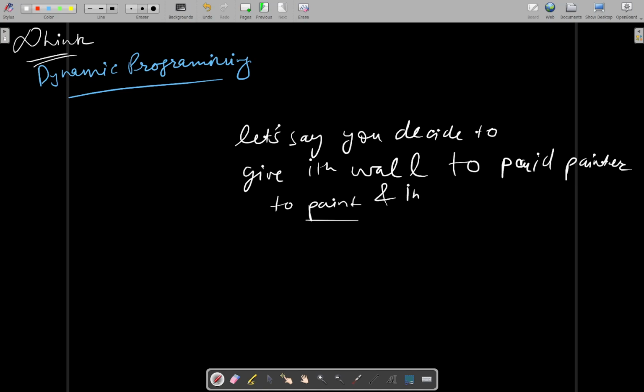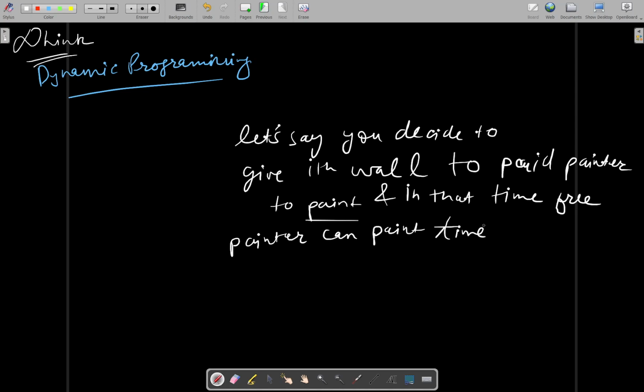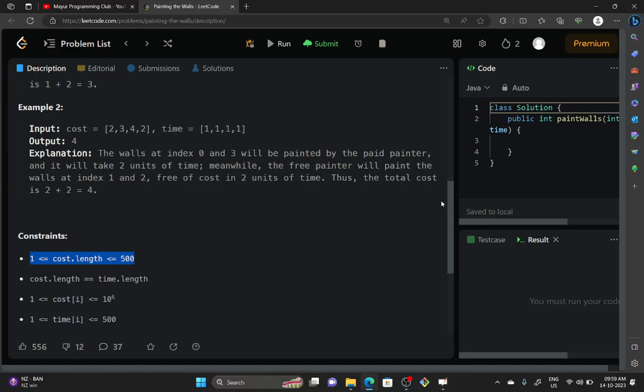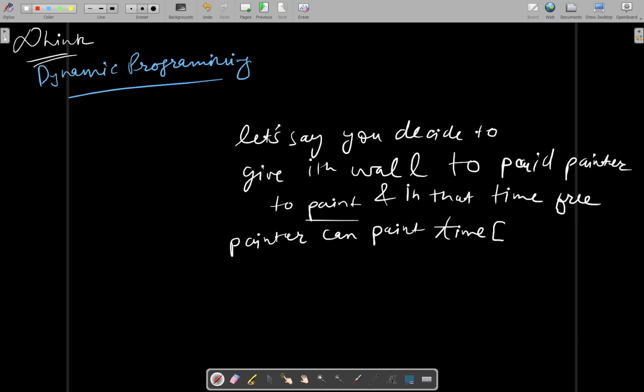Then in that time, the free painter can paint time[i] walls.